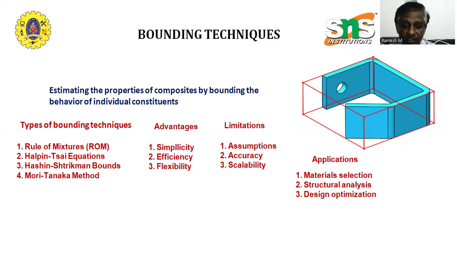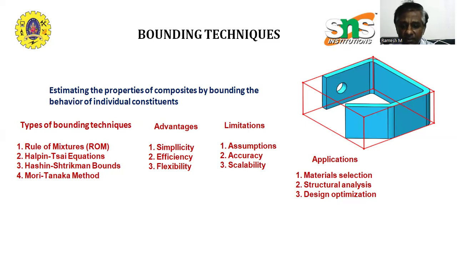Bounding techniques can provide accurate estimates of composite properties with minimal experimental data. And bounding techniques can be applied to various types of composites, including unidirectional, cross-ply, and woven composites.